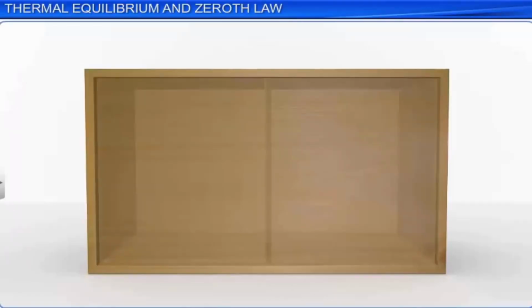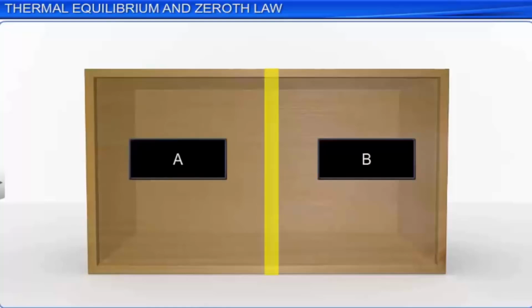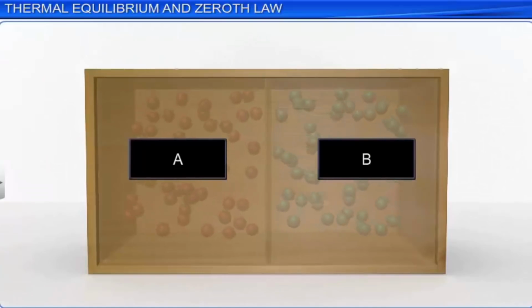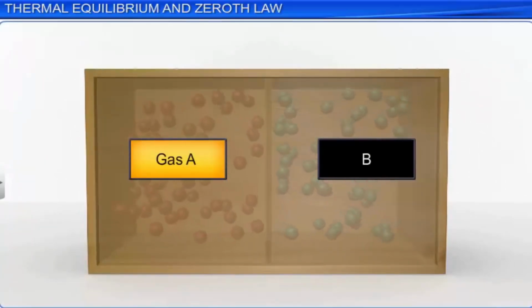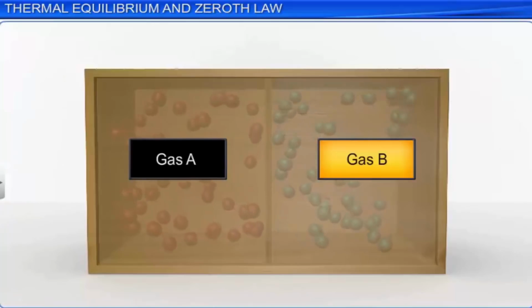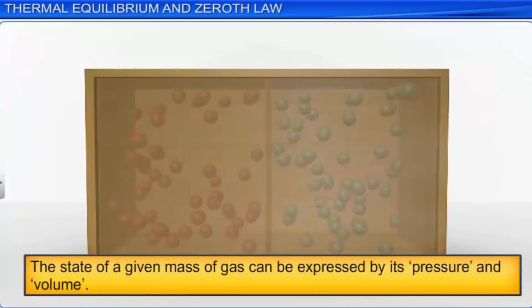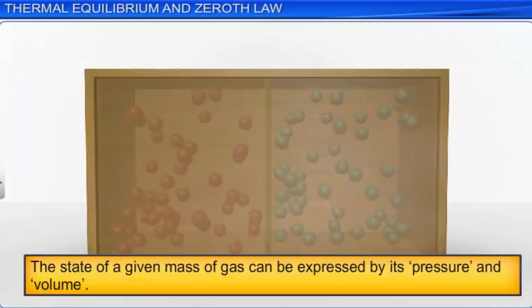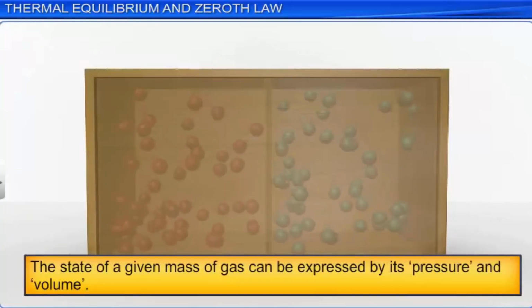Consider a container with two chambers A and B separated by a partition. Take two gases in the two chambers, gas A and gas B. The state of a given mass of gas can be completely expressed by independent variables, pressure and volume.